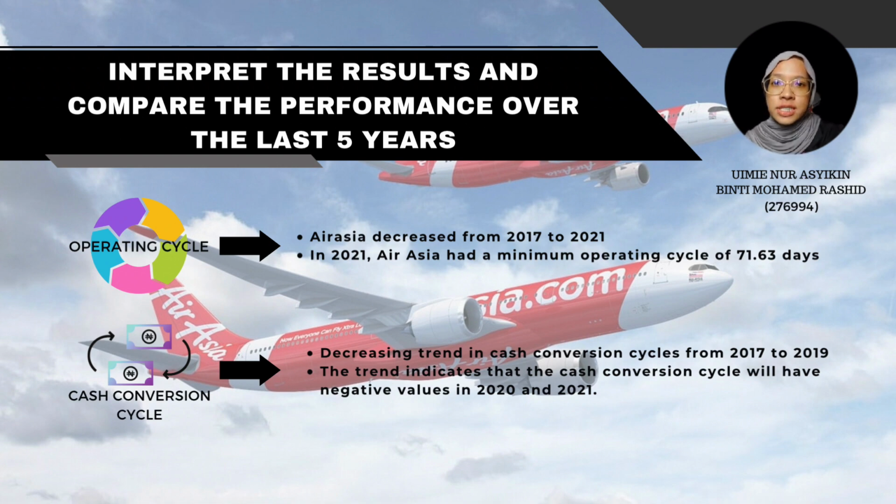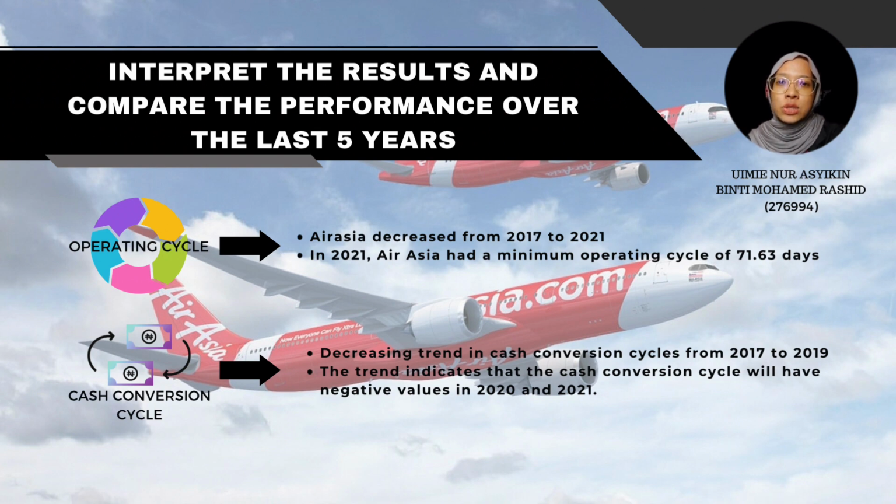The cash conversion cycle was 41.53 days in 2017 and decreased to 20.42 days in 2018. In this regard, the trend indicates the cash conversion period in 2019 continues to shrink to 19 days.